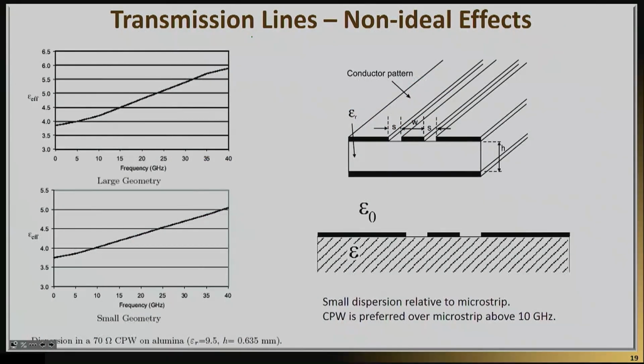Similar things happen for coplanar waveguides. So this is another example of the effective dielectric constant for a coplanar waveguide for a large geometry as well as a small geometry. But what I do want you to notice here is that in general, the dispersion, as I discussed before, is smaller in a coplanar waveguide line compared to microstrip. And so yes, you do suffer dispersion in CPW, but it's a lot less than microstrip.